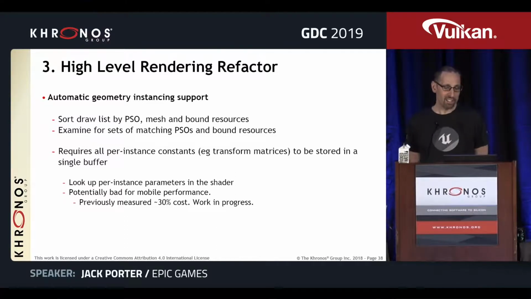We're a bit concerned about exactly how much that cost is going to be for mobile. That's work that we're still looking at. We've previously measured quite a heavy cost inside the shader when doing these kinds of lookups.